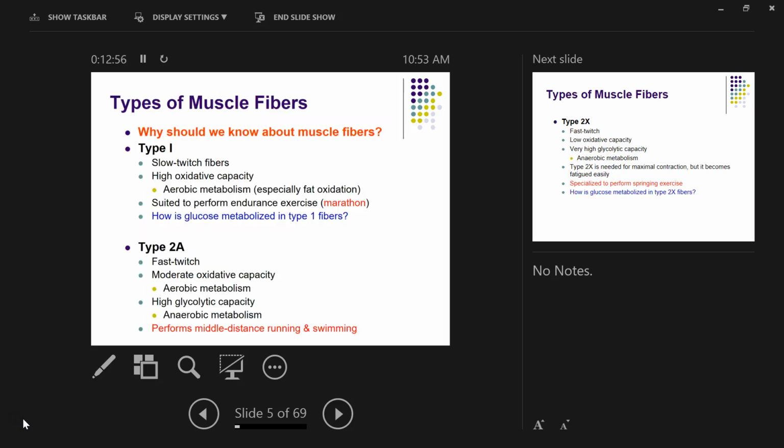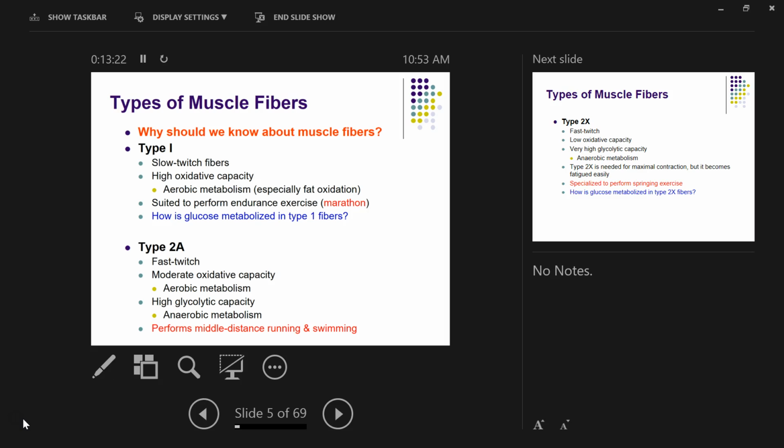Now we'll just go through again the different types of fibers. Type 1, again, is a slow twitch fiber and has a higher mitochondrial content, so a higher oxidative capacity, and usually does aerobic metabolism, right? Particularly for fat oxidation, but can also do glucose oxidation.